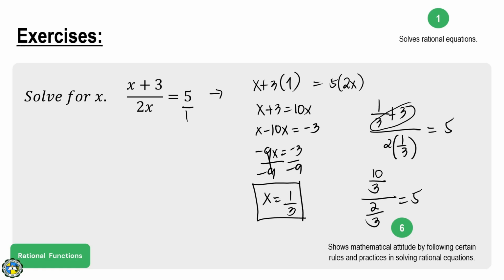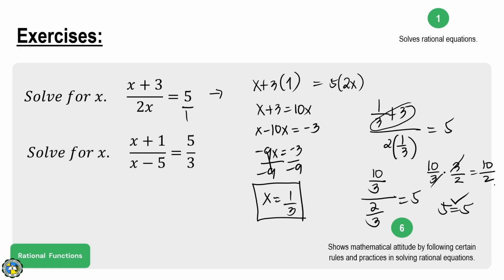To simplify this, remember, we're going to use the reciprocal or flipping method. So, 10 all over 3 multiplied by 3 halves. As you can see, both have 3 on top and bottom, so simplify and cancel out. Then what's left is 10 all over 2, and 10 divided by 2 is 5. Equals 5. So, correct. The value of x, which is 1/3, will satisfy our given equation.